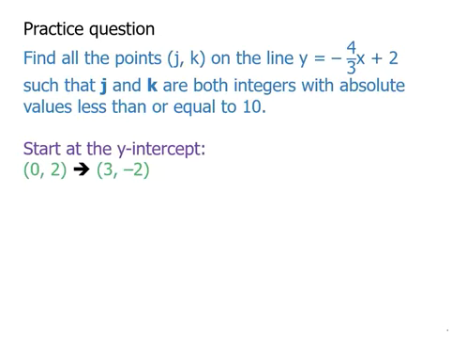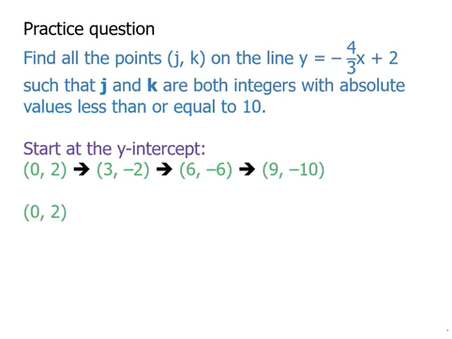If we go right 3, down 4 again, we'll get to 6, and then down 4 more, down to negative 6. Right 3, down 4 again, we'll get to 9 and negative 10. So we have to stop there because we've reached an absolute value of 10. But all of those points work.